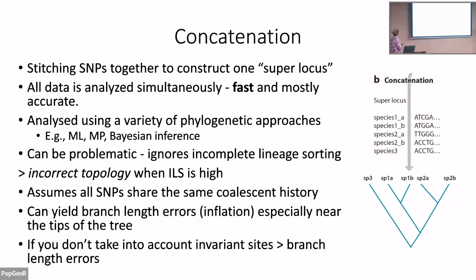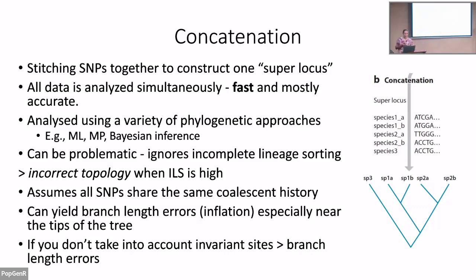However, it can be problematic because, I should say, you can separate different models of nucleotide substitution to your data. You can partition it. But if you don't, then it's assuming the same model across all your sites. We know the genome's heterogeneous, so this may not be an accurate assumption, particularly where you've got incomplete lineage sorting, where you've got different histories for those loci.